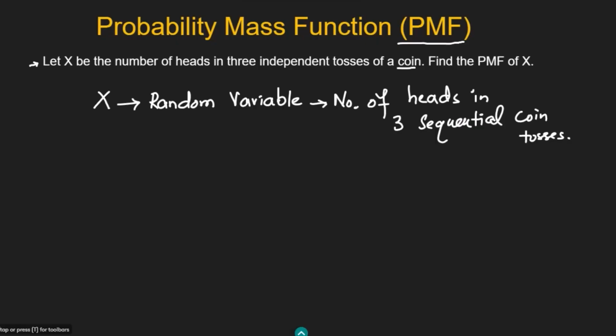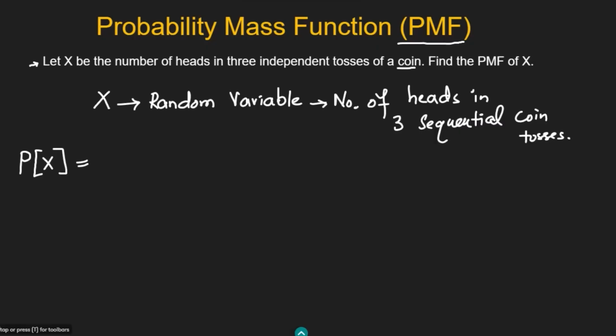So what is basically a PMF? That is the plot of the values of the random variable with respect to the probability of each value. So what do we have to do? We have to find the probabilities here. So the probability of X is equal to what here?